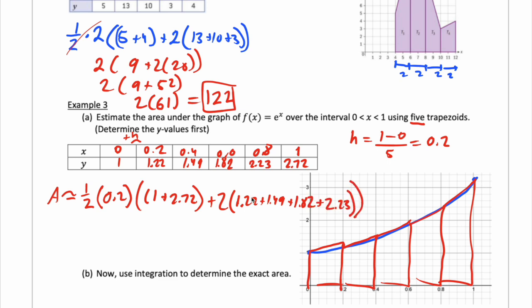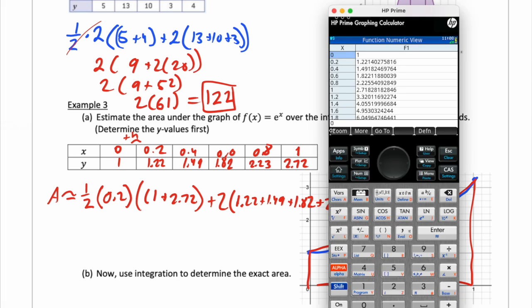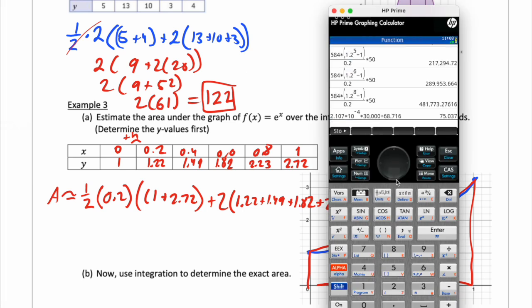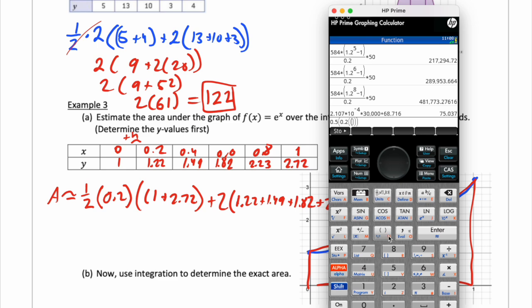We can type all that into our calculator to get an estimate of the area. So half, I can type in 0.5, bracket 0.2, bracket, and another bracket on the inside. Oh, I think I messed something up already. Be careful about the placement of these brackets. There we go.